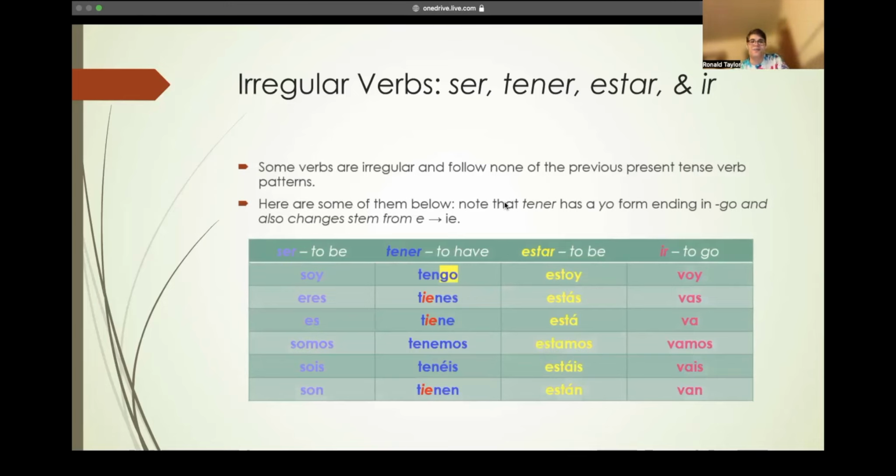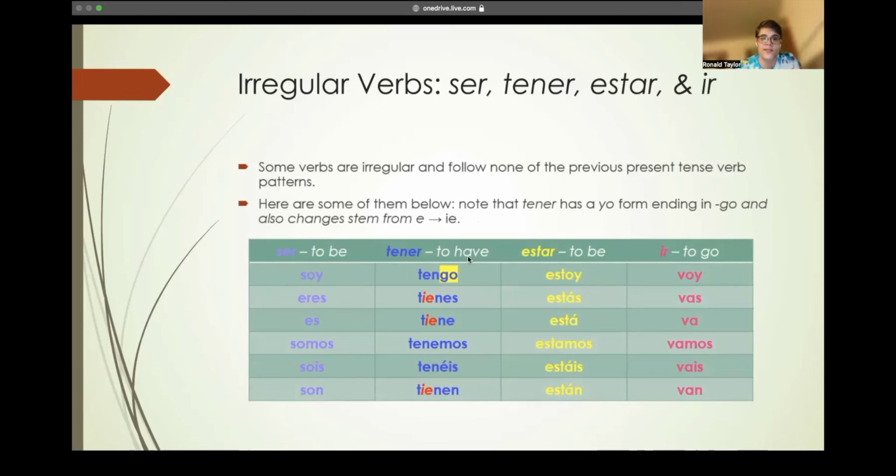And then one little extra thing, tener is stem changing. So let's look at these conjugations. For ser, yo is soy, tú is eres, él, ella, usted is es, somos, sois, and son. So yo soy is I am, tú eres, you are, él es, he is.